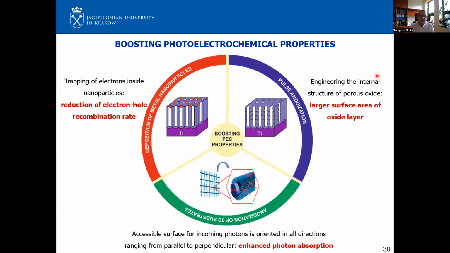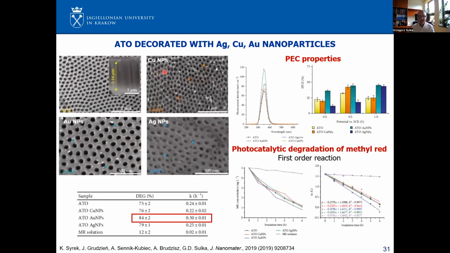We can also boost photoelectrochemical properties of our oxide by engineering the internal structure of the oxide, like in that case, making different structures of channels. We can use a three-dimensional structure, and we can deposit metallic nanoparticles, which act as traps for electrons during photoelectrochemical water splitting. And here is an example of using different types of materials with nanoparticles dispersed on the titanium oxide.